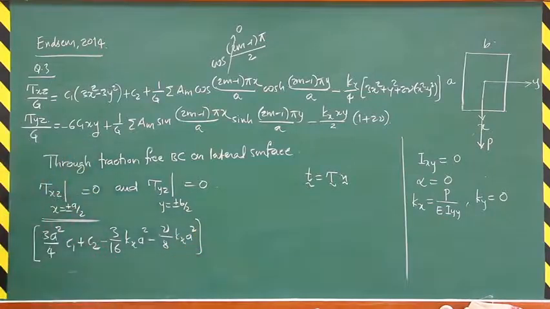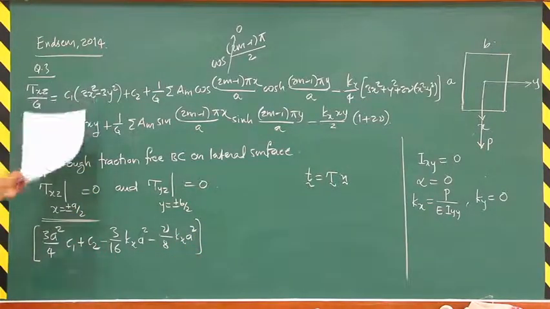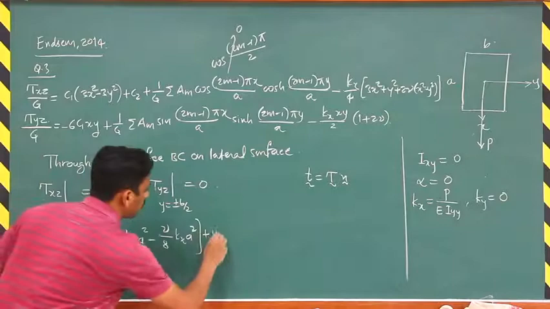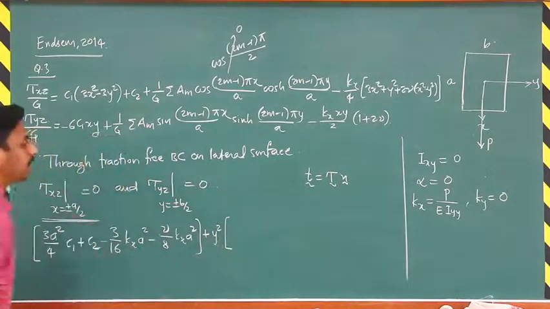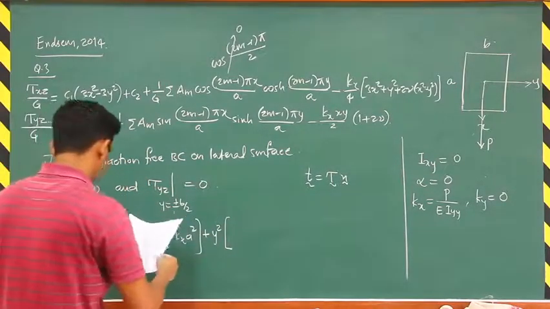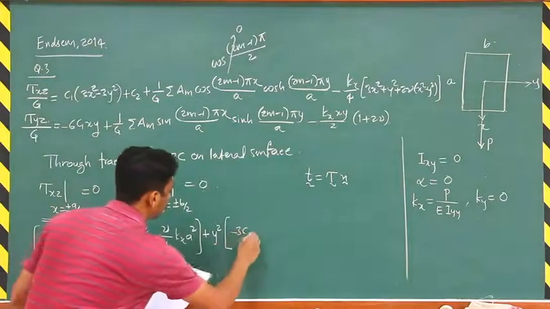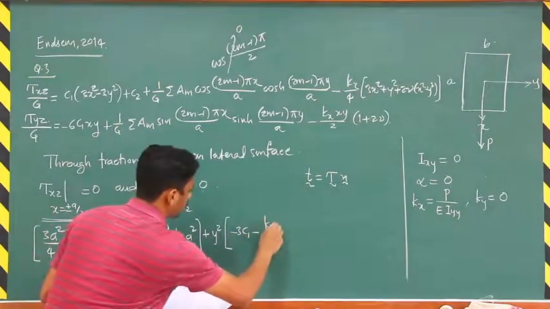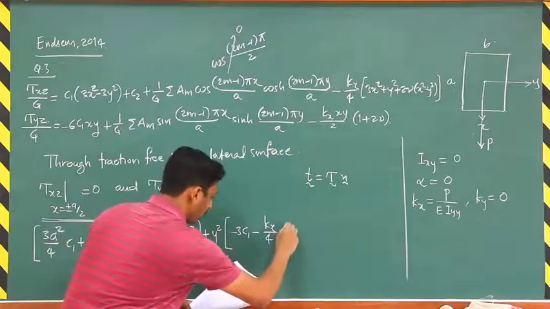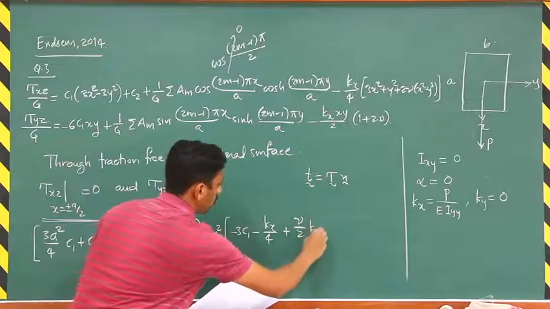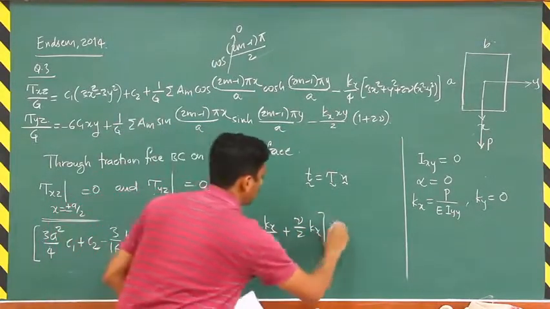These are the constant terms from putting this into the relation. Plus additionally we have the coefficient of y square with a set of constants: minus 3c1 minus kx by 4 plus mu by 2 kx, equal to 0.